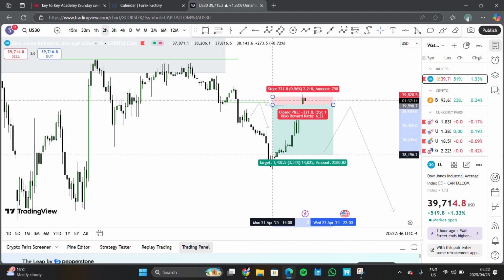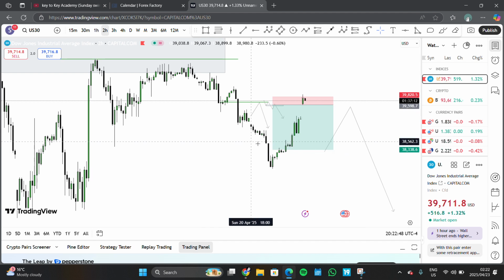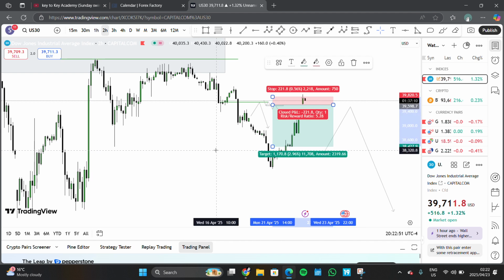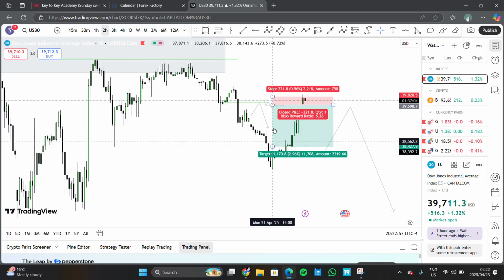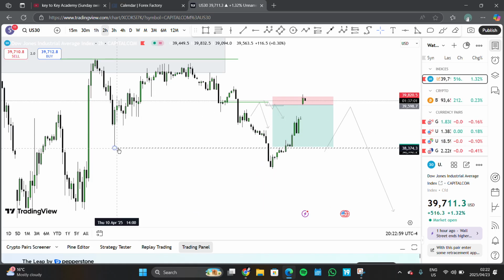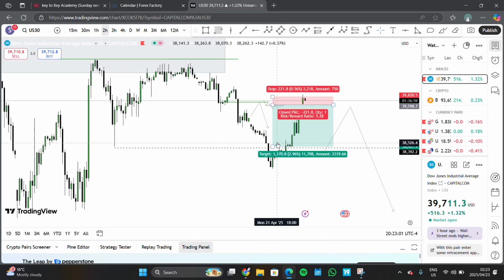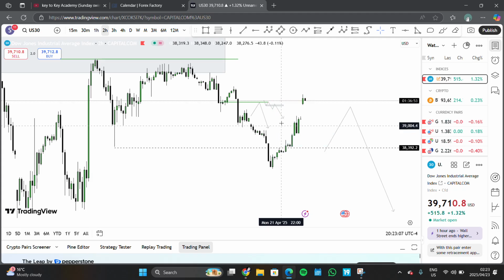Which means you're going to have much more reward from the risk that you want to put in. So if this would have played out, this would have been the target, a 1:5 risk to reward ratio, but price didn't do that.